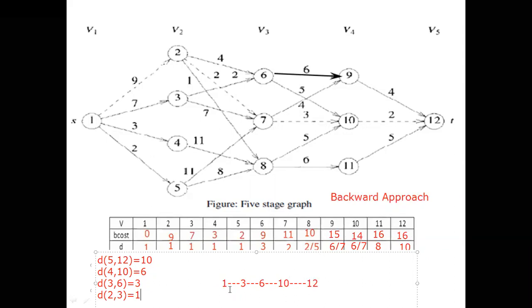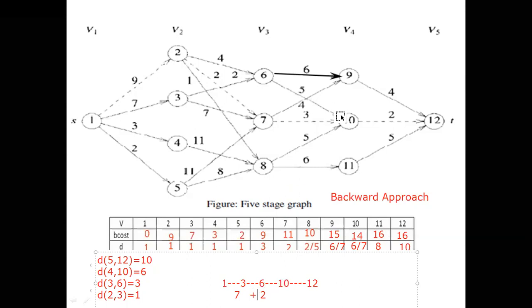Now we will take the path 1, 2, 3. The value, it is 7, right? You will get it, no doubt, it is 16 only that will come. 7 plus 3 to 6. What is the path? 3 to 6. The path it is 2. 7 plus 2 plus, I will write, 6 to 10.